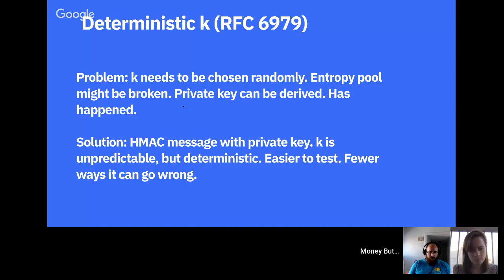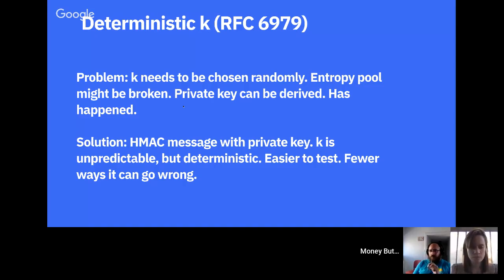The other problem, perhaps more significant, is that there's no way to know whether you're producing an unbreakable signature because your entropy pool might be broken. This happens a lot throughout the history of applied cryptography, where you're using a library or an operating system that gives you terrible random numbers.